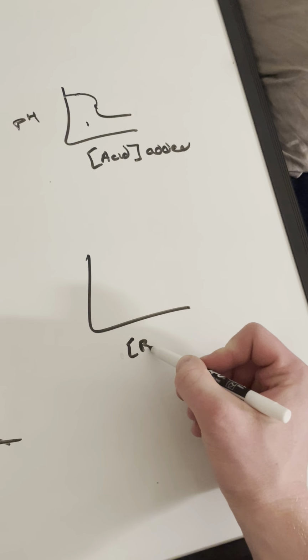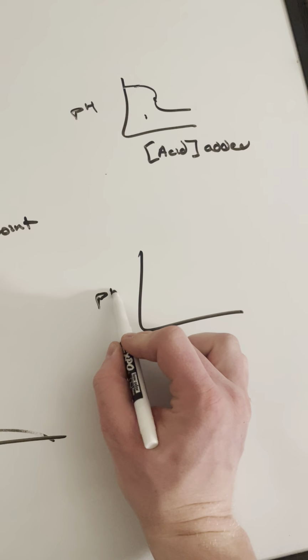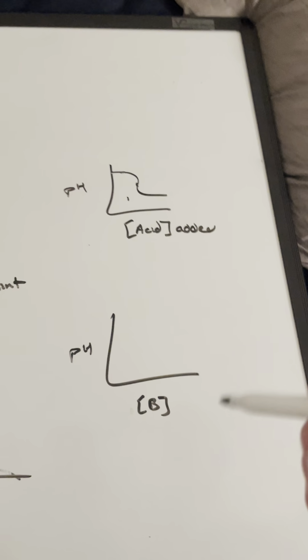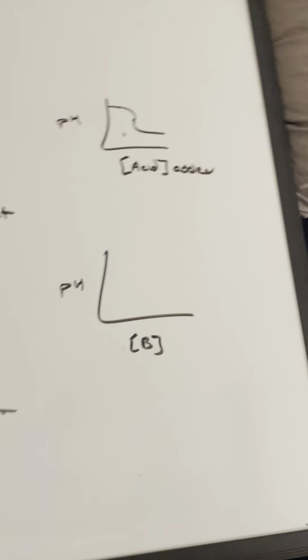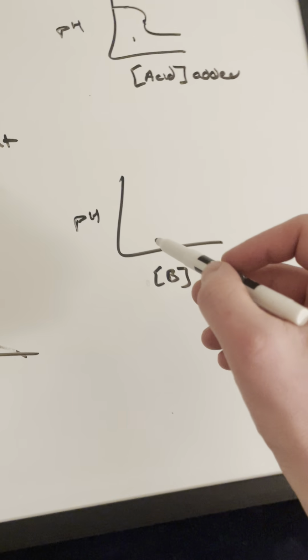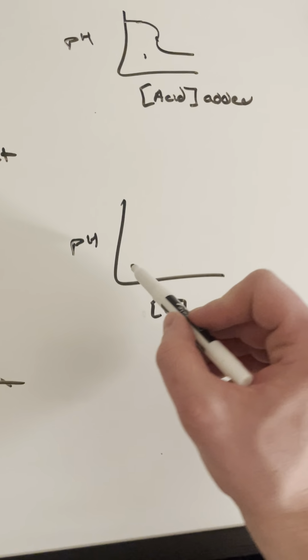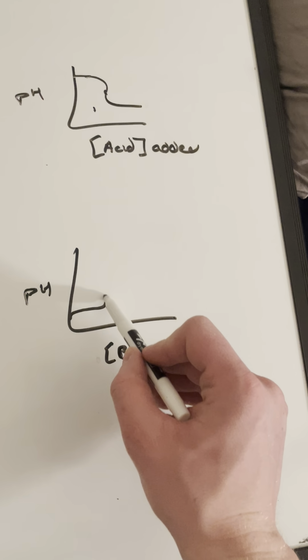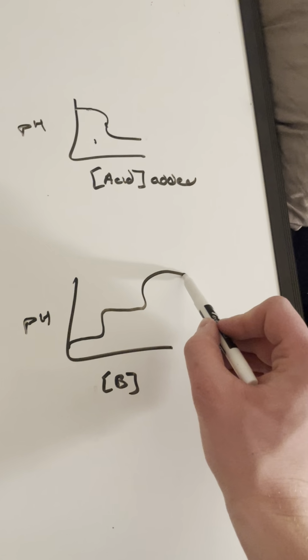And then we are going to have polyprotic, so we'll go back to this one, right? So concentration of base, pH, right? And since it's polyprotic from last episode, you know, because I made another one, right? That means we're going to have more than one proton to donate, more than one pKa, so that means we're going to have more than one half equivalence point. So we're going to go here and then shoot up a little bit and then go down here and then again, right?